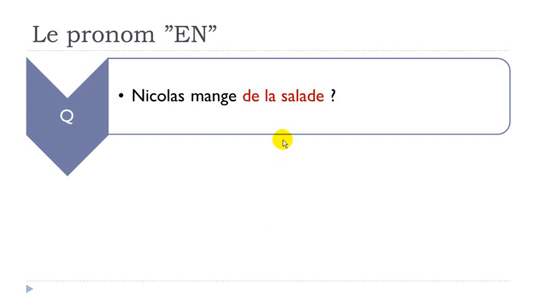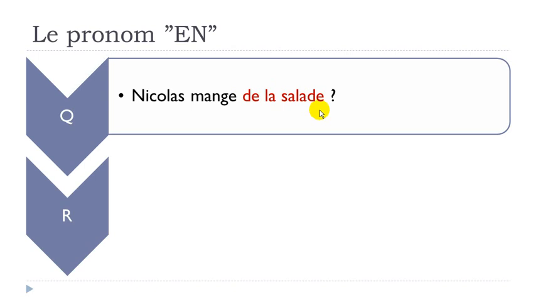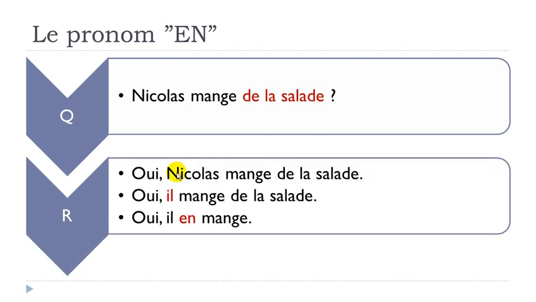another example. In the first example we had the masculine form, and now I wrote the same sentence, but here we've got de la salade. Salade is a feminine word, so in that case it's not du, but de la. But still it's the partitive form, some. Nicolas mange de la salade. As we saw, the first option would be oui, Nicolas mange de la salade, so you repeat the whole sentence.